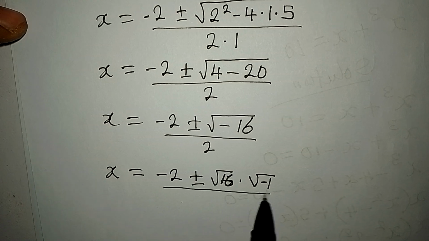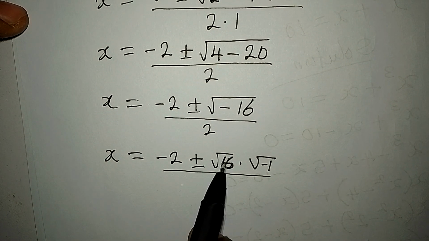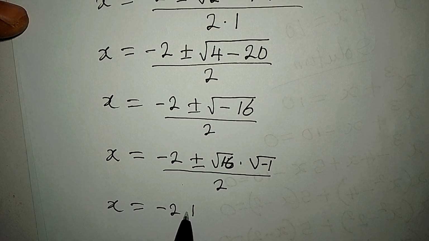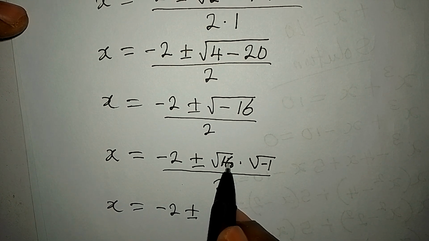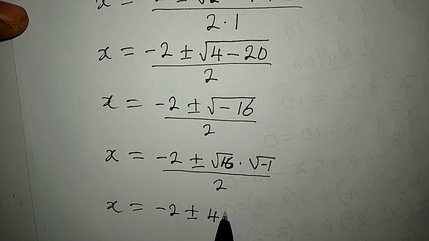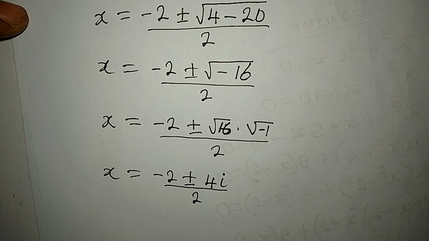So this will now be over 2. Now we can find the square root of 16. x from here will now be minus 2 plus or minus. Square root of 16 is 4. Then square root of negative 1 is imaginary, so we represent it as i. And then this will now be over 2.